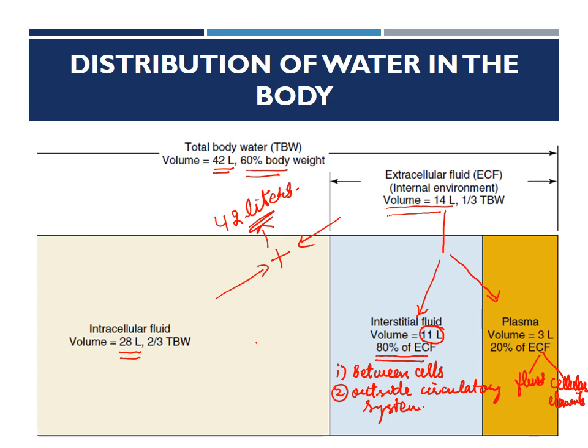The water makes up 60% of the body weight, and according to that, the volume of water is 42 liters in the body, and this is calculated for a normal 70 kg young adult.